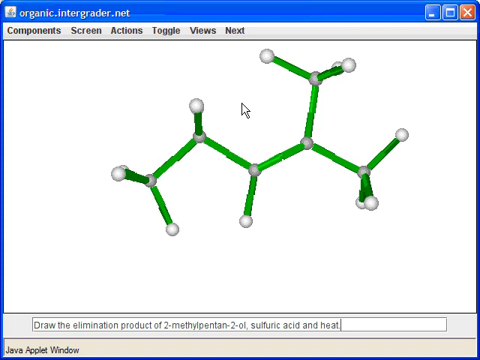Remember, when you're doing those E2 eliminations, that has to do with the primary alcohols that have a vicinal hydrogen, and so we believe that we can just use water as a base to help deprotonate the position next to where the hydroxyl group is, and then make a double bond at the same time that you're removing water from the substrate. Please answer those in that fashion, even though your textbook may say that something else happens. But again, remember what textbooks say might actually be the result of further reaction.